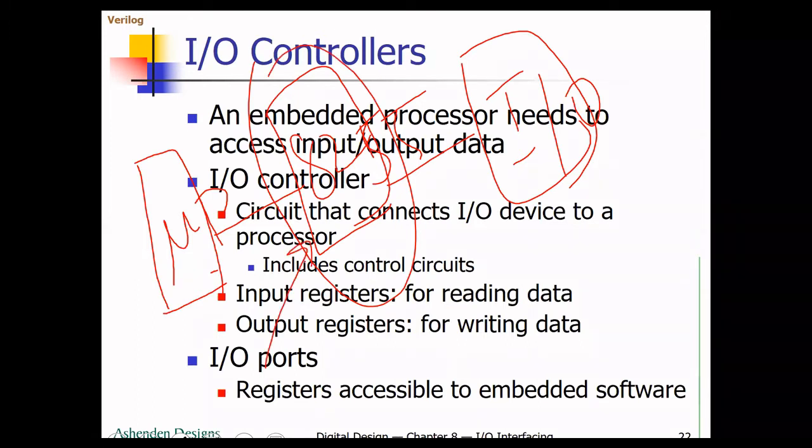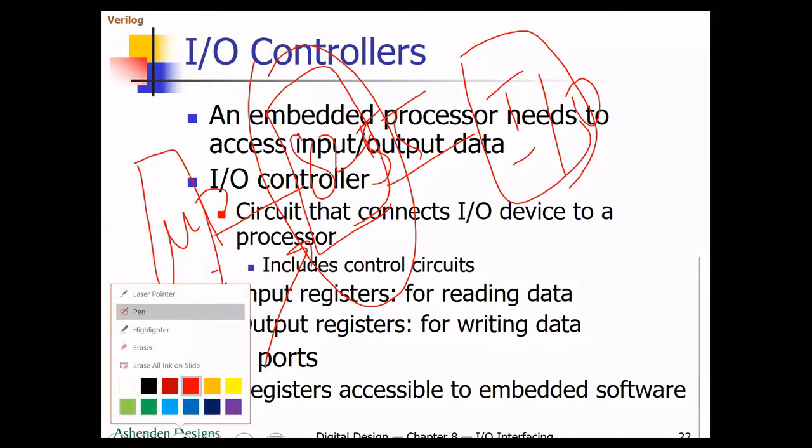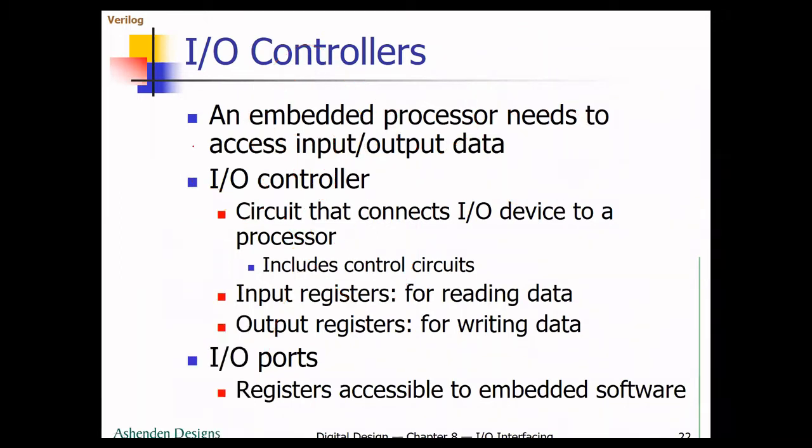Let me understand what a bridge is in our processors. In our digital world, there will be an IO controller circuit that connects the input output devices to the processor, and it includes a control circuit also.